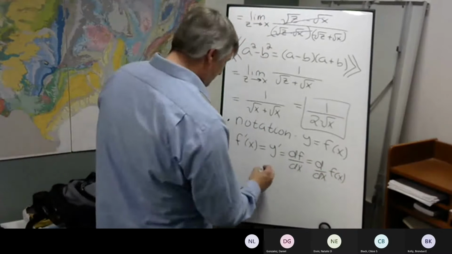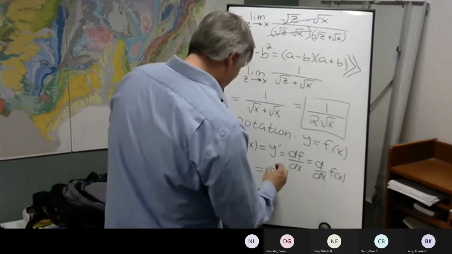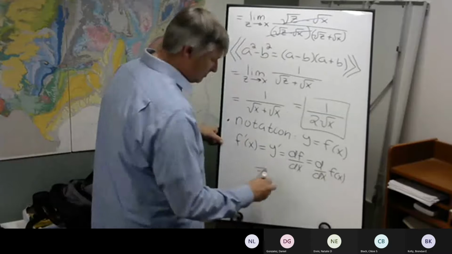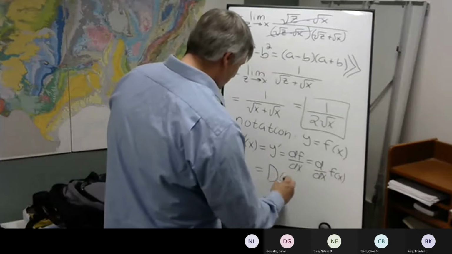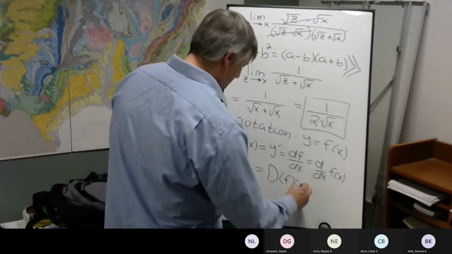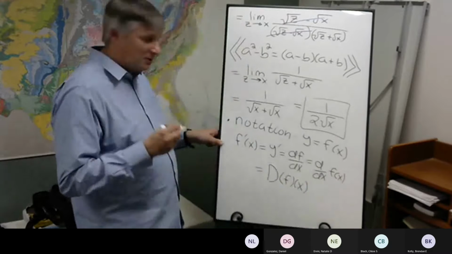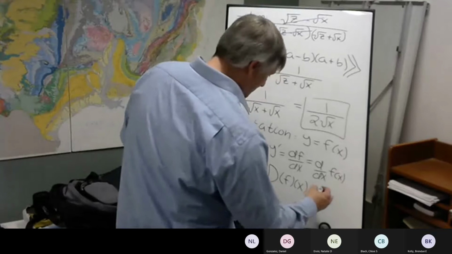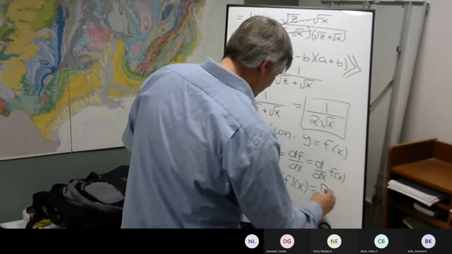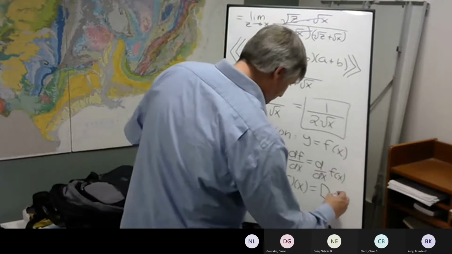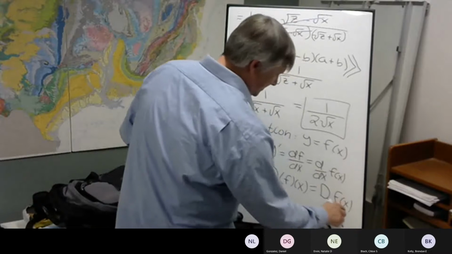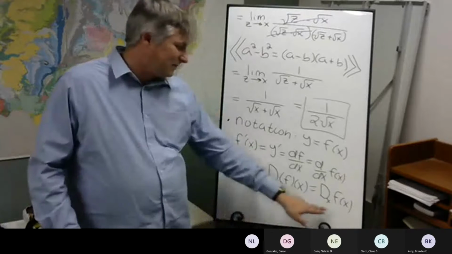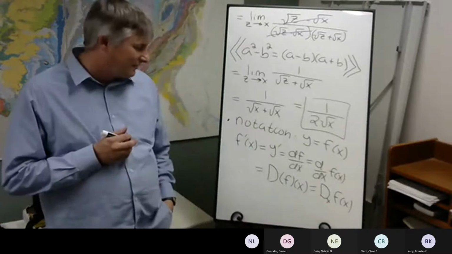You'll also see d, well, they don't do it cursive, I'll use print, f of x. This is a partial derivative, though since we only have a variable x in there, I guess it really isn't, but it's in the partial derivative notation.